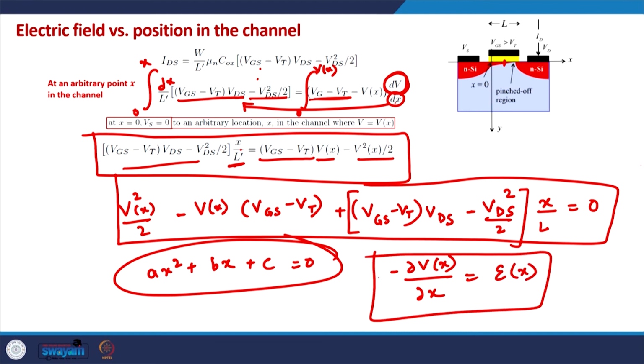So that's how this electric field is calculated at any arbitrary point in the channel in the traditional MOSFET theory. So please go through this and try solving this quadratic equation in voltage and try to see how this Ex looks like. Calculation might become slightly tedious, but it's a doable calculation, so just give it an attempt.